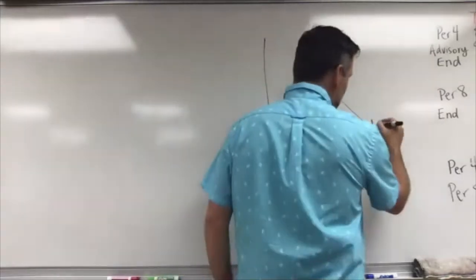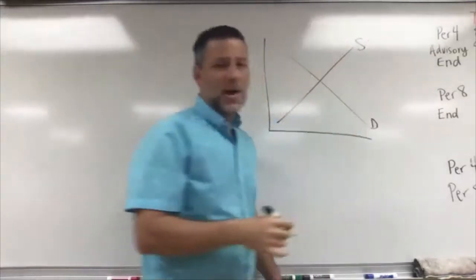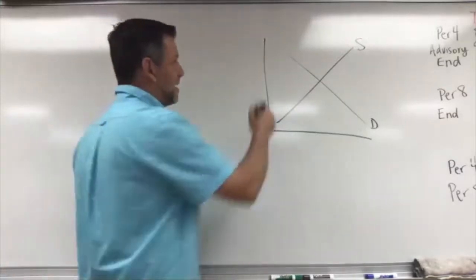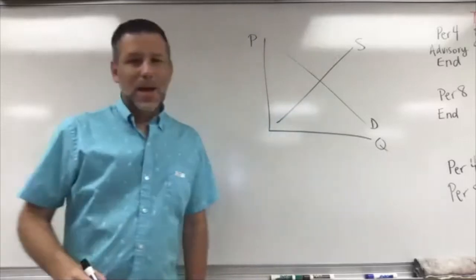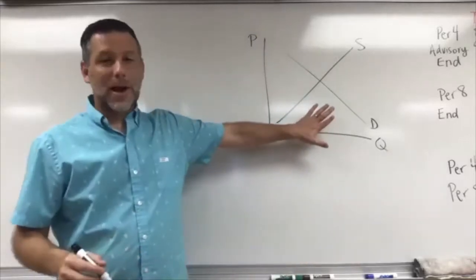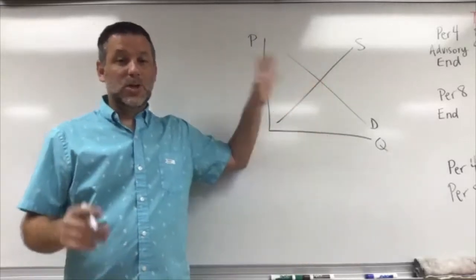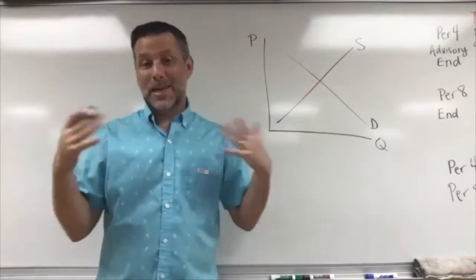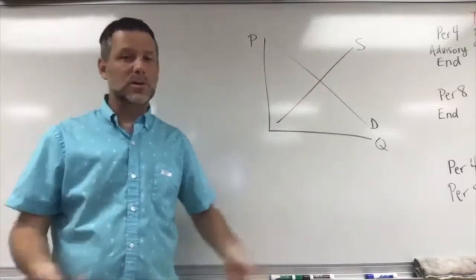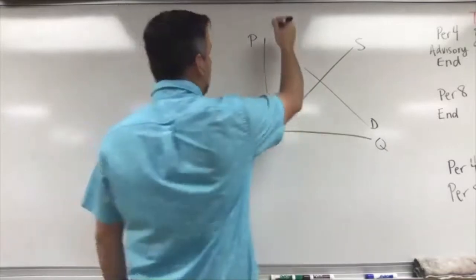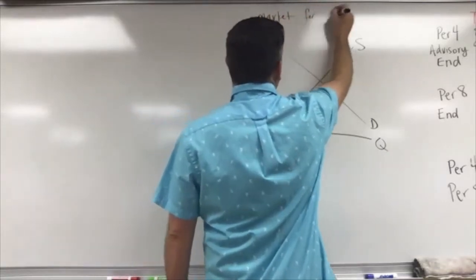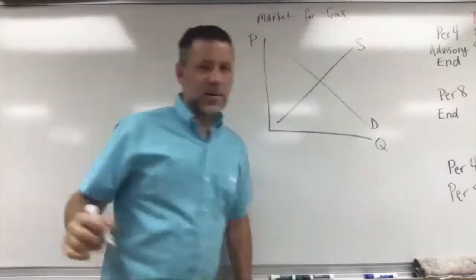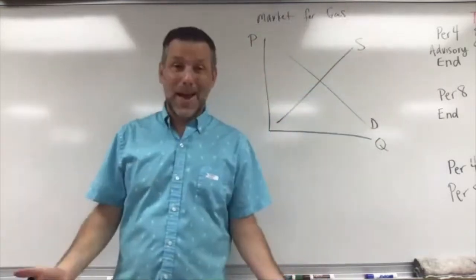So we label our demand, we label our supply, and then we want to label our axes. So we've got price and we've got quantity. And remember that what we're doing right here is we're just trying to show what's happening in the real world, in a market. So this is the market for gasoline. So it's what's been happening, right?